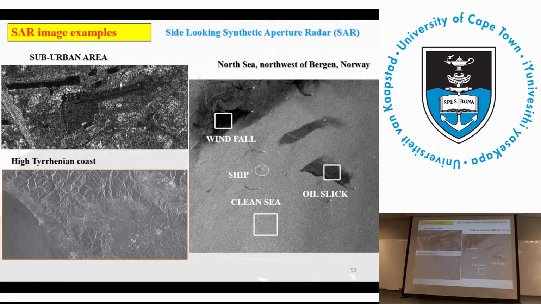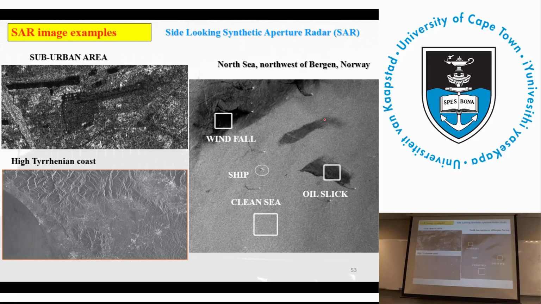Here are some examples of side-looking synthetic aperture radar. That's a suburban area. This actually should be a runway of an airport. The same as here. This is the Tyrrhenian coast; I think this is the northern part of Tuscany, and this is the sea, and there are some mountains.